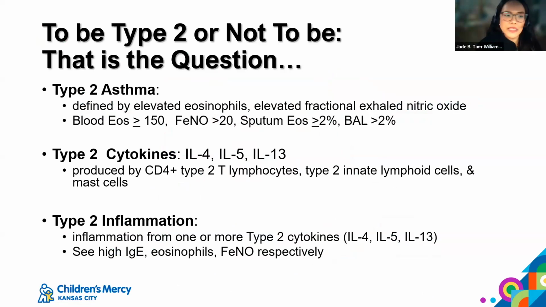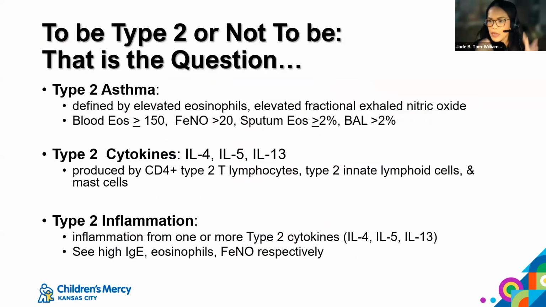So when we talk about type 2, people say, "Oh, type 2 asthma or eosinophilic asthma." So what defines this? Type 2 asthma is defined by elevated eosinophils and then elevated fractional exhaled nitric oxide, which is an indication of eosinophilic inflammation. Those are the typical cutoffs that docs may use. There's also then type 2 cytokines. Type 2 cytokines are like the messaging service.